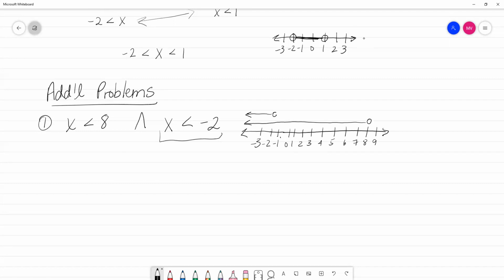Where are they the same? Look at it. At the -2? But does it include -2? Okay, so what do I put at -2?